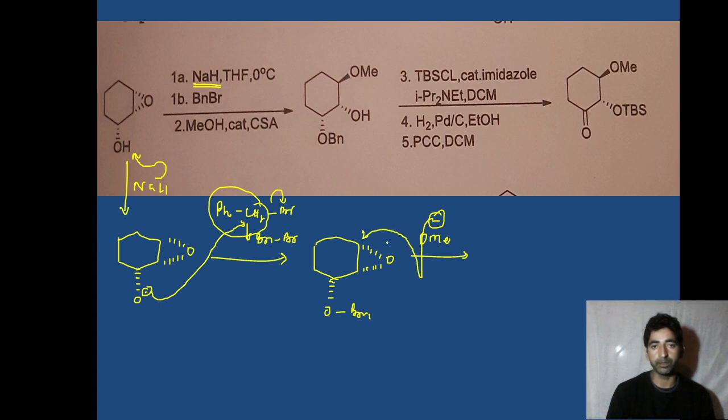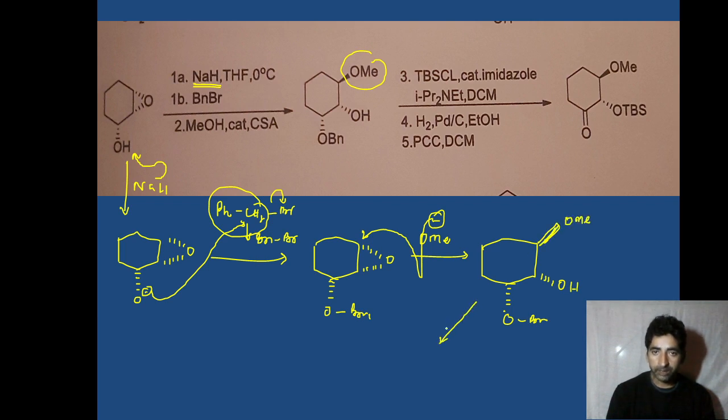Sorry, it will attack above the plane. So once it attacks above the plane, that's why the stereochemistry over here is above the plane, because the larger group is below the plane. Therefore, OMe will attack above the plane. Now this is my OMe which attacks above.